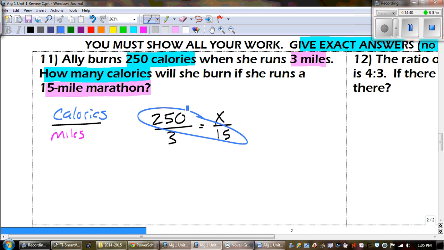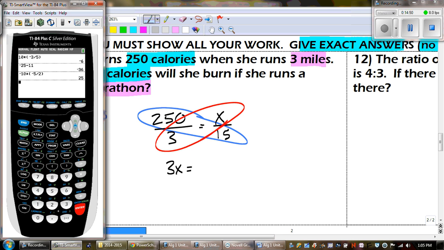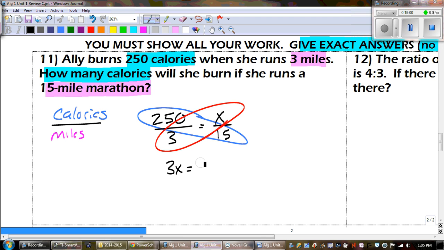All right, and from here, we cross multiply. So 3 times x is 3x. And then what's 250 times 15? Did you get it? Yeah, 3,750. Now, is the x by itself? Nope.